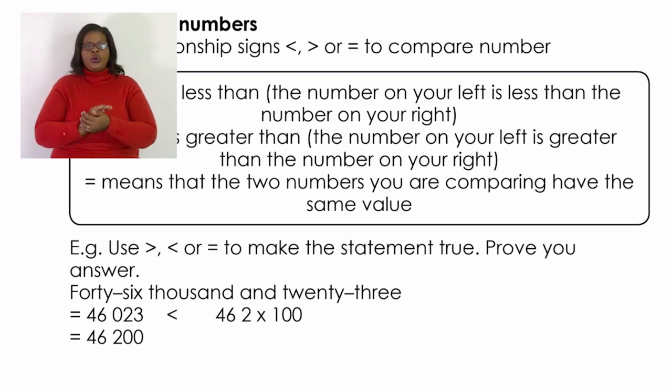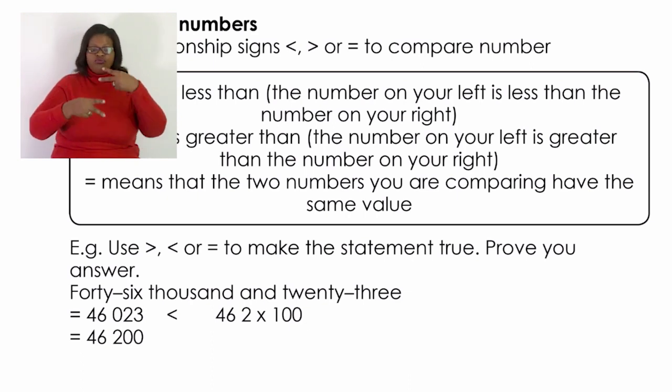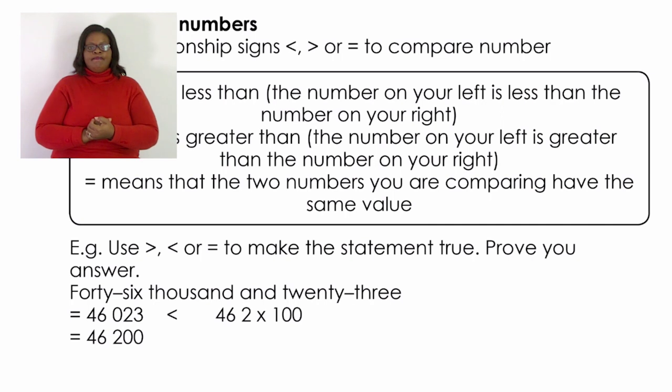Then there's an example below, where we need to use the signs to compare the statement. The example given there is 46,023 compared to 46,200. The sign which is used there is smaller than.